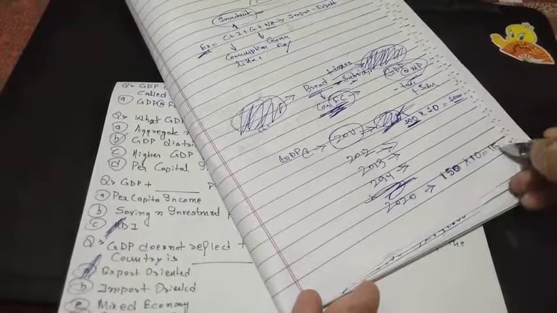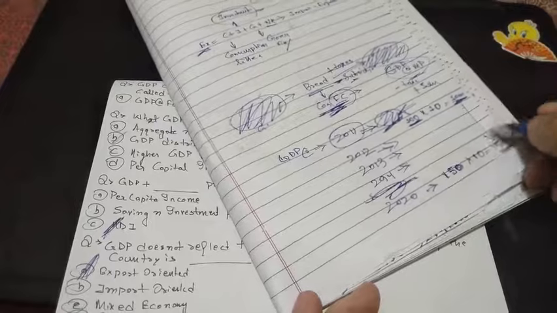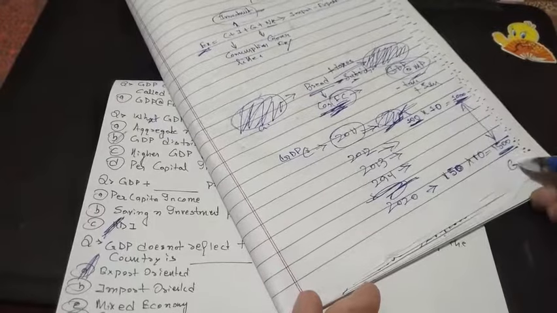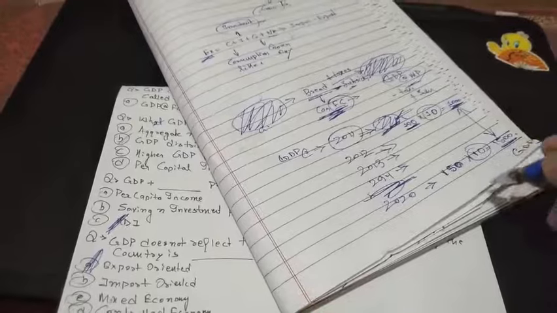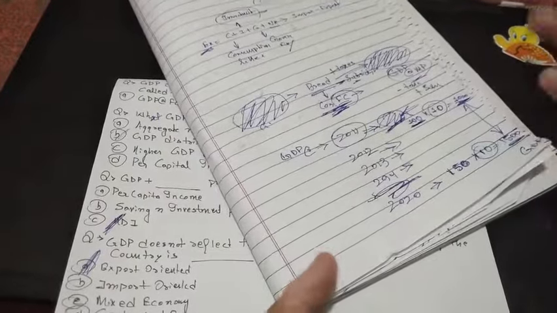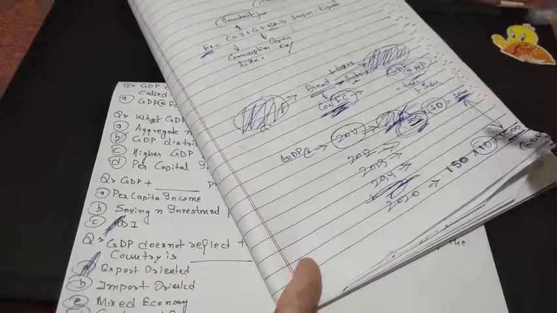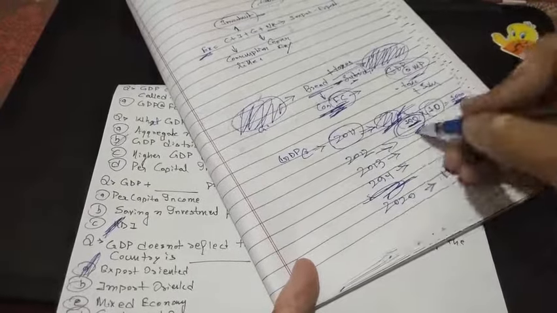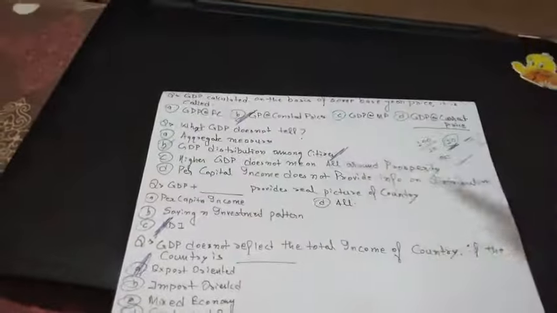So now the GDP becomes 1500. You can say that the GDP increased, but actually it has not increased because the quantity remained the same. So in order to have equal ground for calculating the GDP of every year, they fix the base price of one year. They take the base price of one year and calculate the GDP of all the years. So here the option is B, GDP at constant prices.